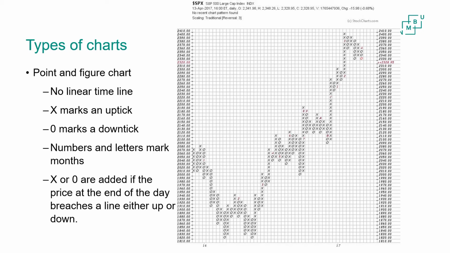A special kind of chart is the point and figure chart. As you see here, the x-axis is not linear, but you mark the end and start of the year, and the months are signified with numbers.